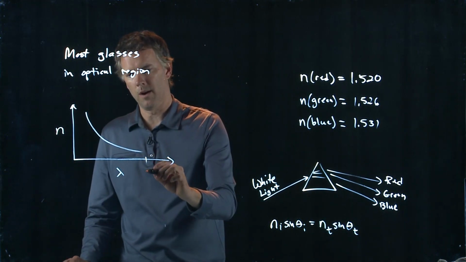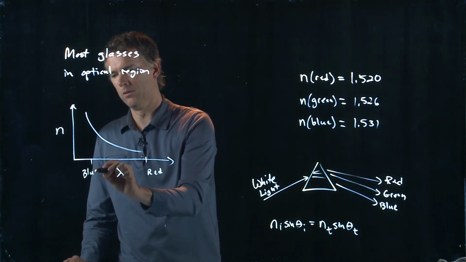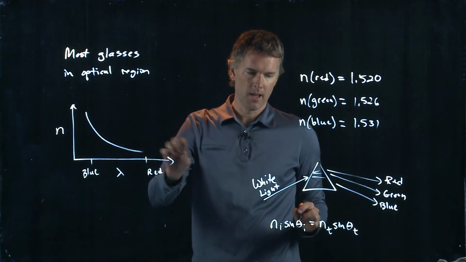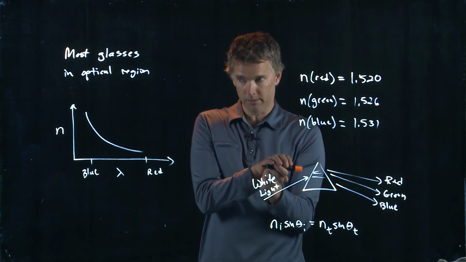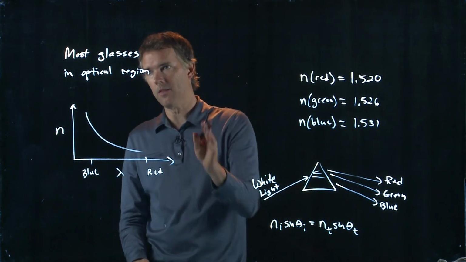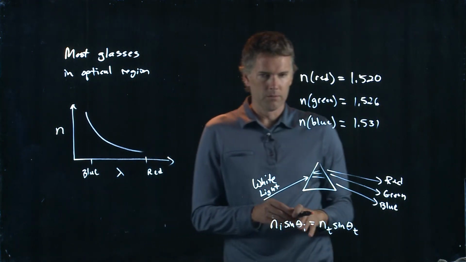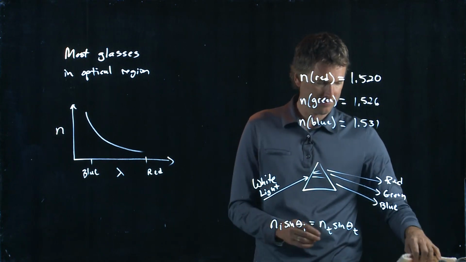Okay, long wavelength is red, short wavelength is blue. And so blue has a higher index than red, and that means that blue bends more when it goes into glass than red. Okay, and this whole thing is called dispersion. So, how do we understand rainbows with this picture?